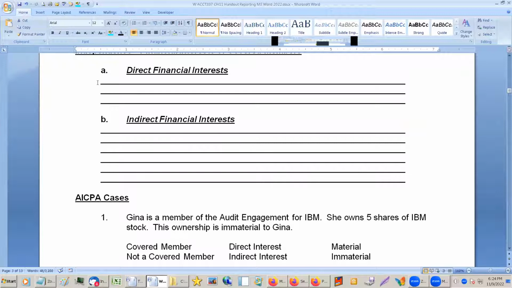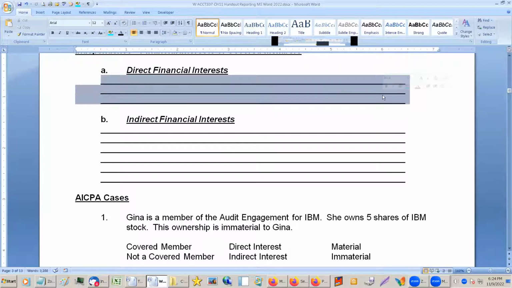So, some of the rules. Direct financial interest. What is a direct financial interest? It's directly investing in the company's securities, usually stocks or bonds.